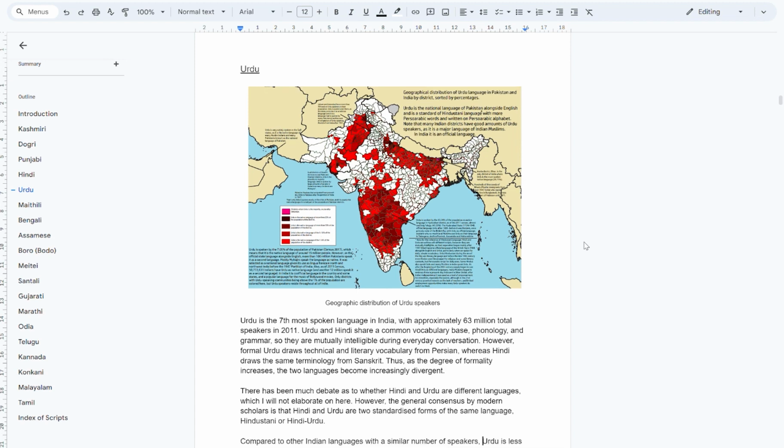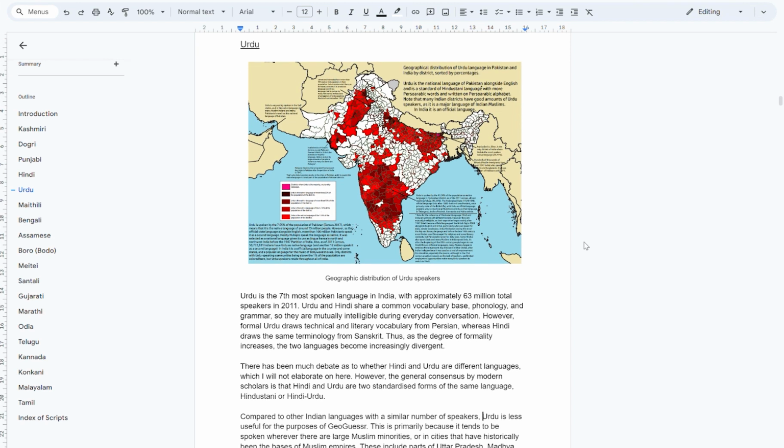Compared to other Indian languages with a similar number of speakers, Urdu is less useful for the purposes of GeoGuessr. As you can see on the map, it's pretty widespread across a lot of India. This is because Urdu, rather than being limited to a geographic region, tends to be spoken wherever there are large Muslim minorities or in cities that have been historically the bases of Muslim empires.